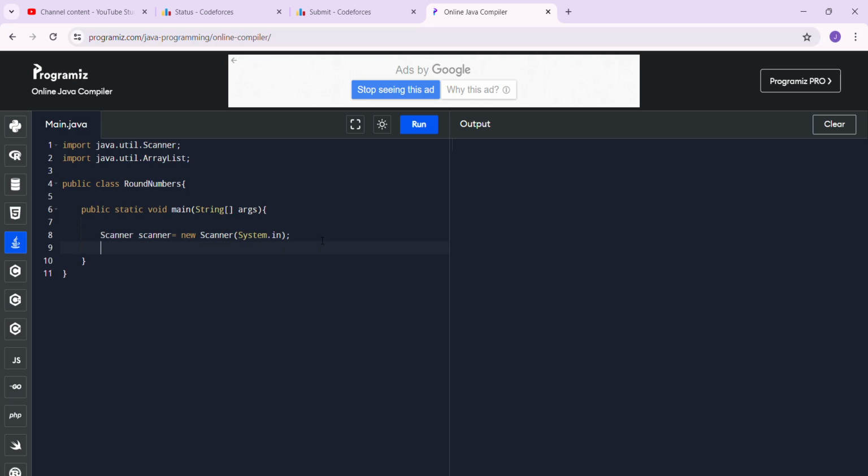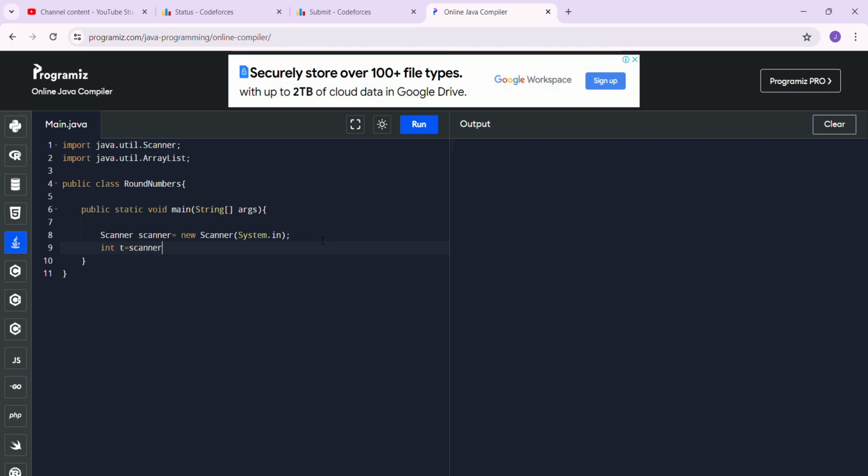Here, according to the question, we will first take the number of test cases. So int t equal to scanner.nextInt(). Now we will iterate through our test cases, i less than t, i plus plus.